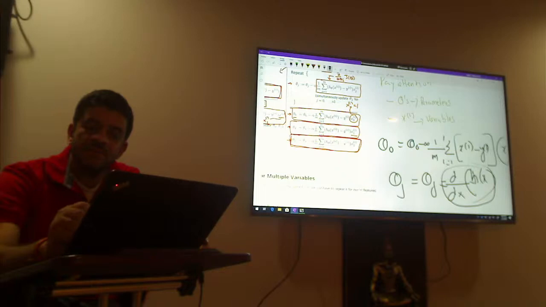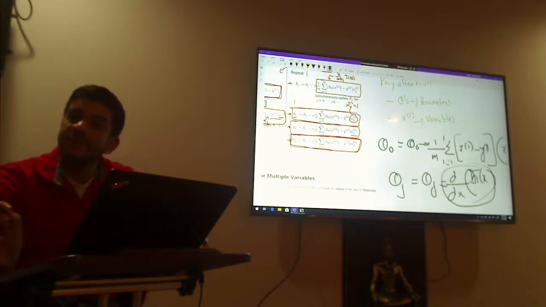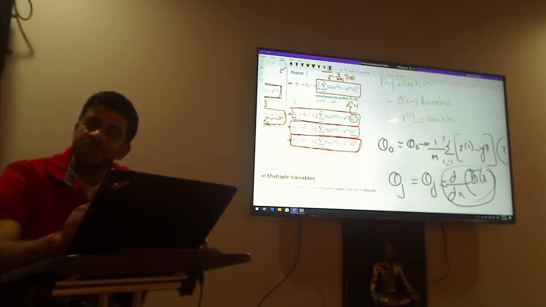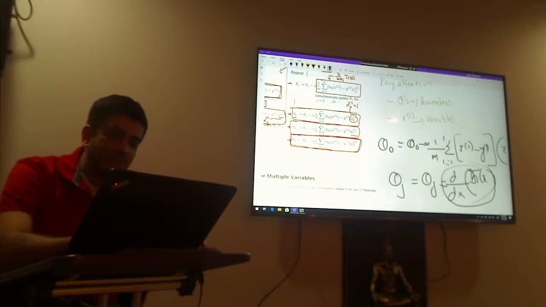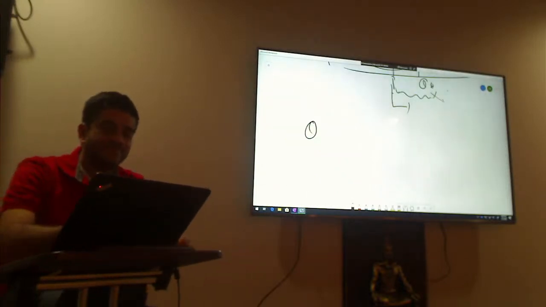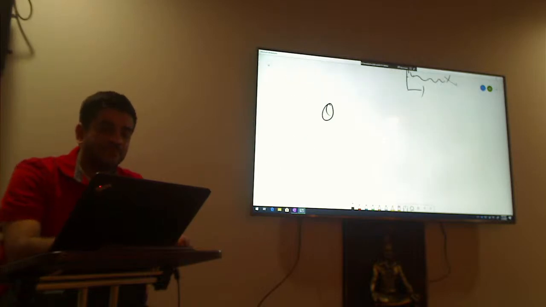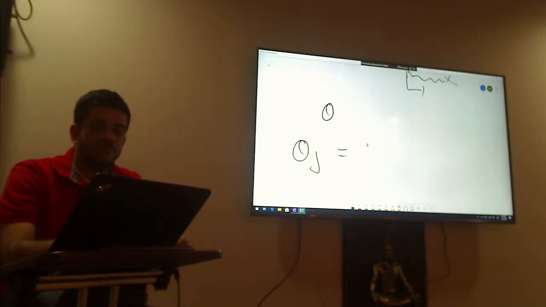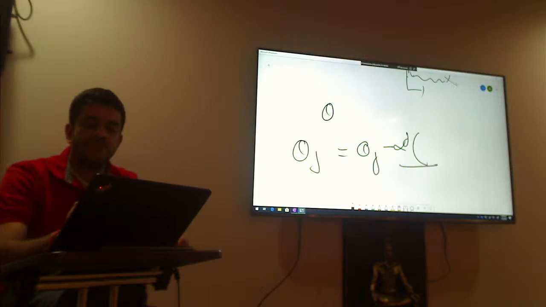I think what happened is we lost that document. Don't worry. So this is the formula: theta J equals theta J minus alpha times the partial derivative of J of theta. This is the formula.